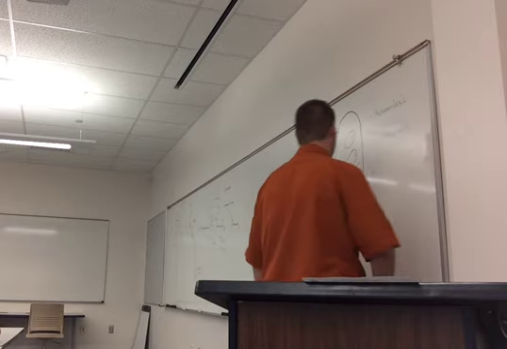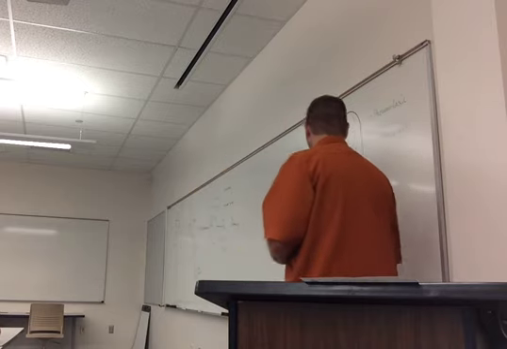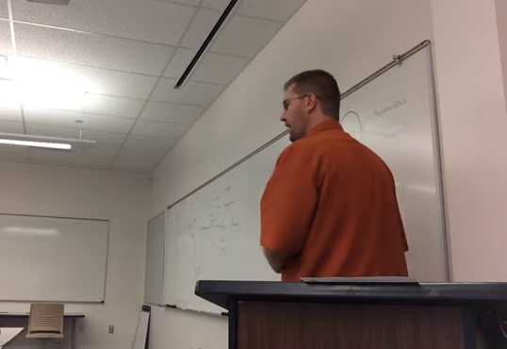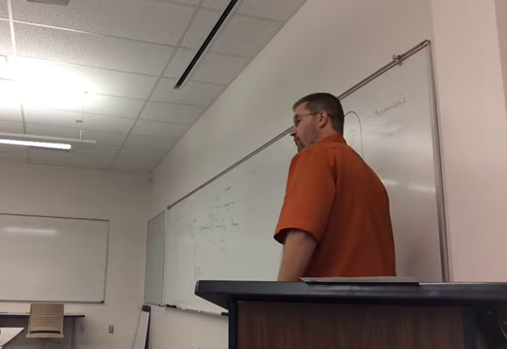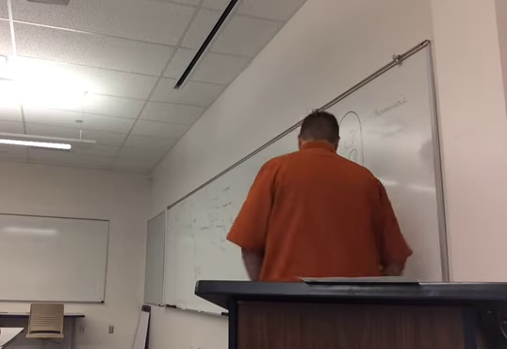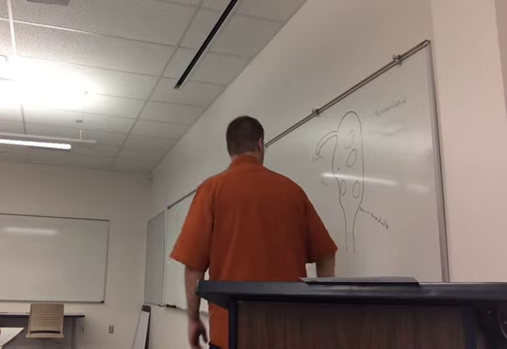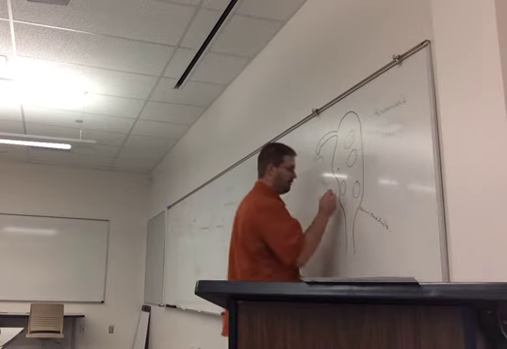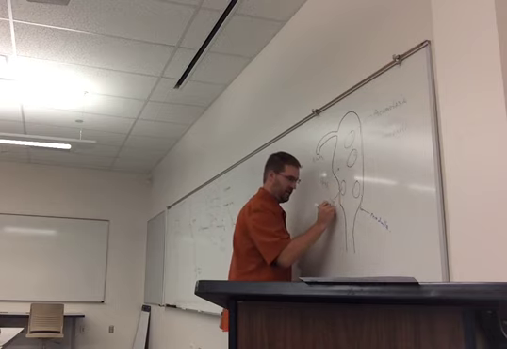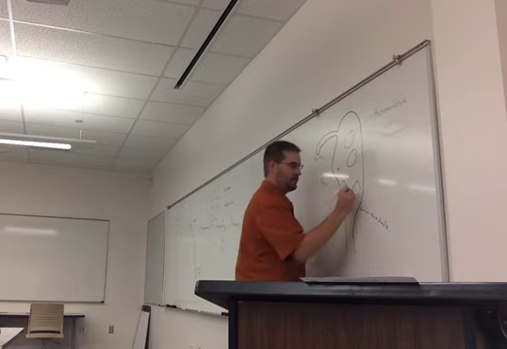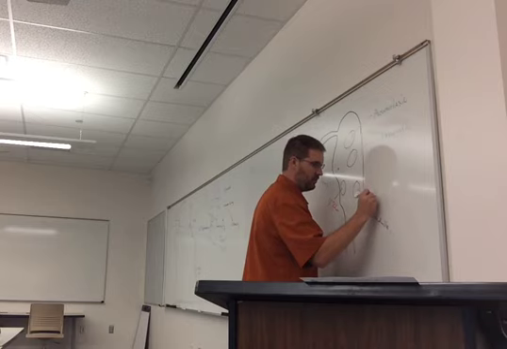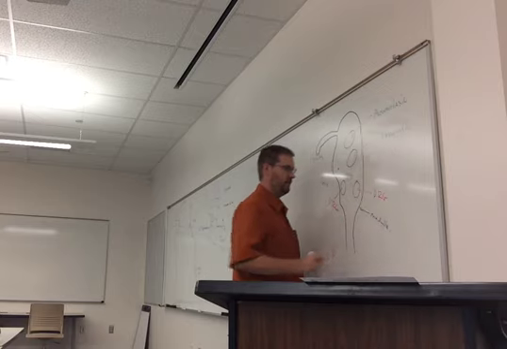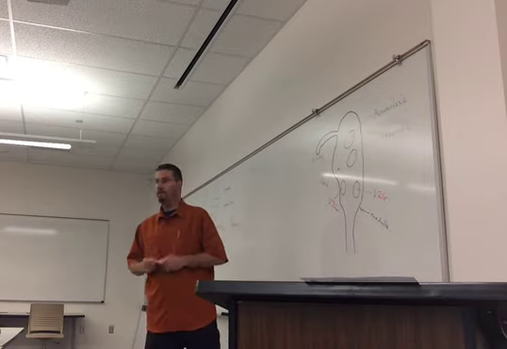Then I have 2 centers down here in the medulla, known as the respiratory groups. The one that is ventral is the ventral respiratory group, or the VRG. And the one that is dorsal is the dorsal respiratory group, or the DRG. Is everybody cool with that?